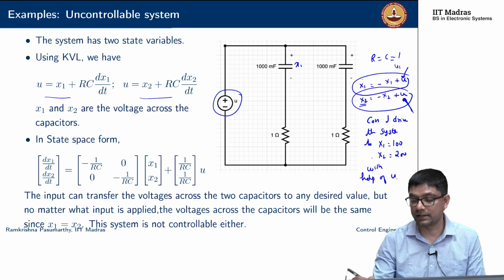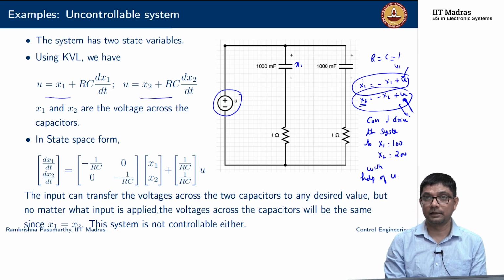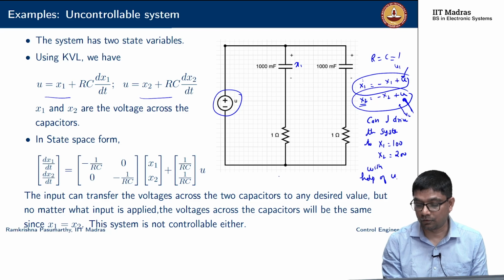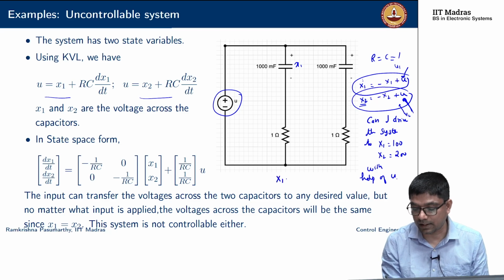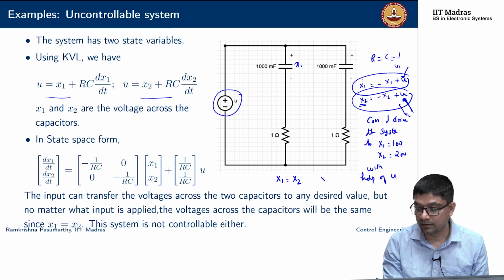Now if I do the reverse, can I first go to x2 and design a u2 which will drive this to 200? The same u, can it drive this x1 to 100? That's not possible, right? So here all my controller can do is to drive x1, x2 such that both are equal. It cannot have x1 equal to 100 and x2 equal to 200.